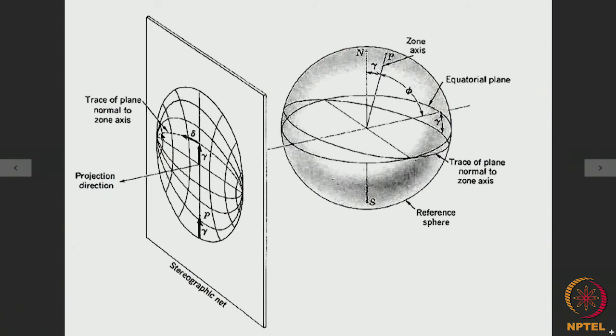So, you see that we can plot all the poles of the plane normals in this manner on a particular longitude line, knowing the value of gamma and delta. For a particular hyperbola of diffraction spots, gamma will be the same and the different spots will have different delta values. So, all those spots can be drawn on this line.